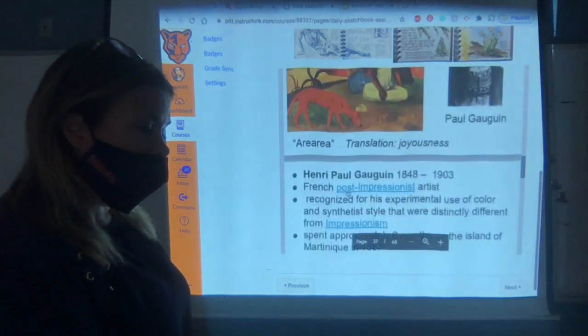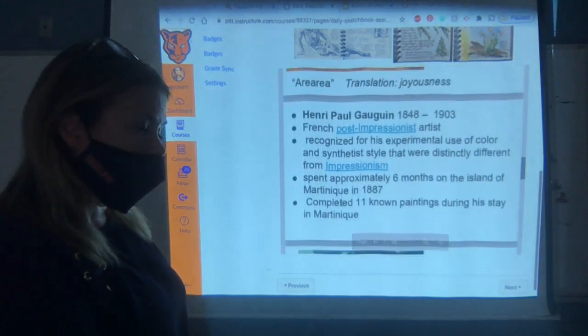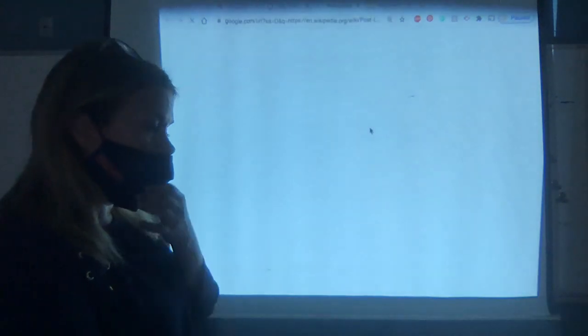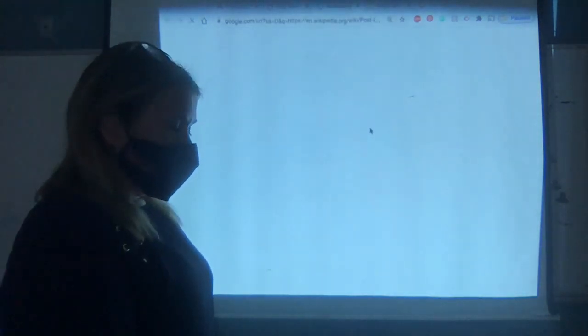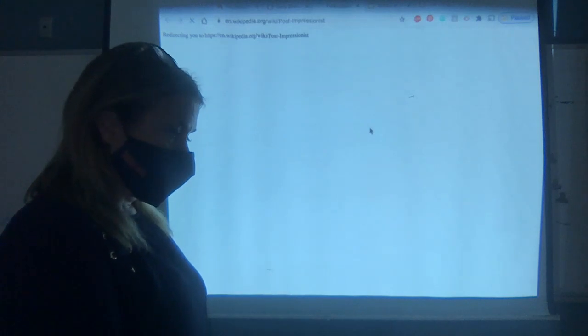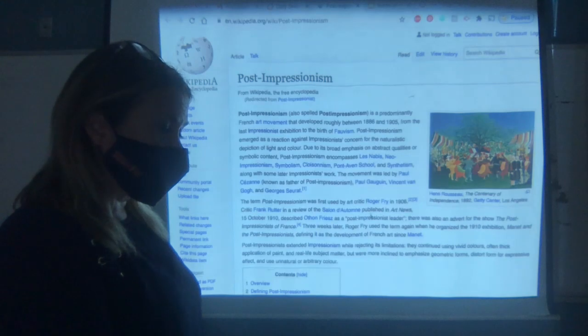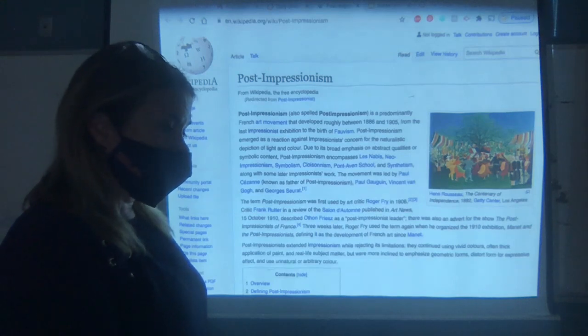And you're also going to write this information down about Gauguin. And please remember that you can always click on these hyperlinks, and they will take you to some more information about the particular art style.